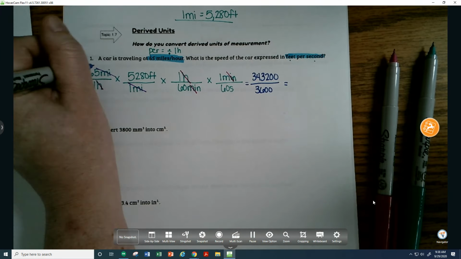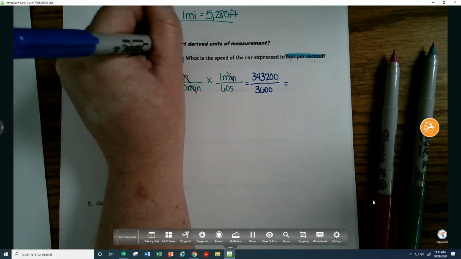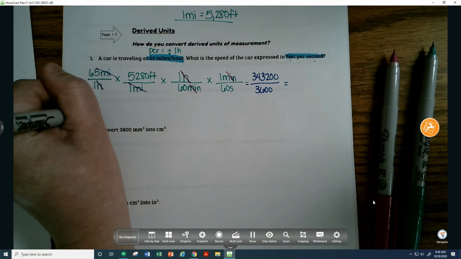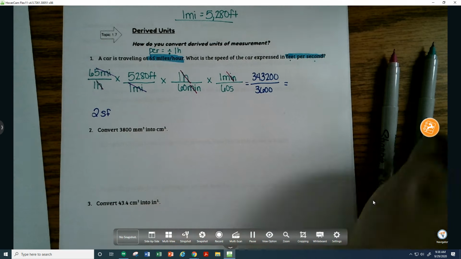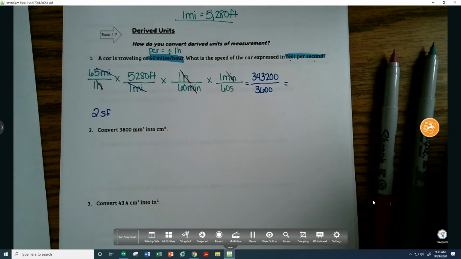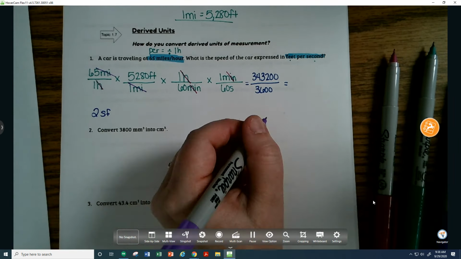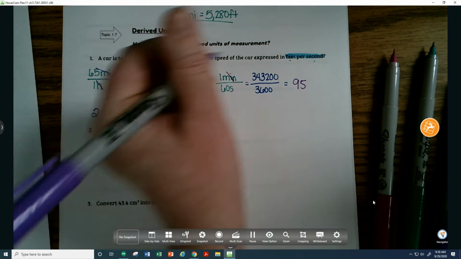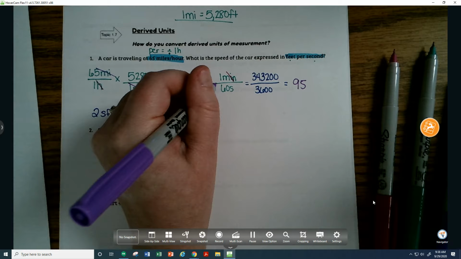Looking at our original given, this per hour isn't going to give us our sig figs. This 65 is. So that has 2 sig figs to start. So when we divide it out to get our answer, rounded to two significant figures, we get 95. Again, I'm left with feet per second.